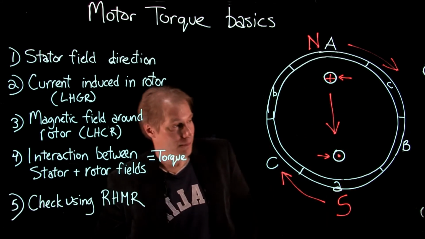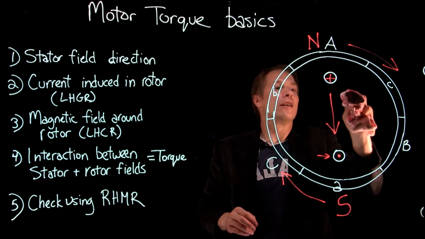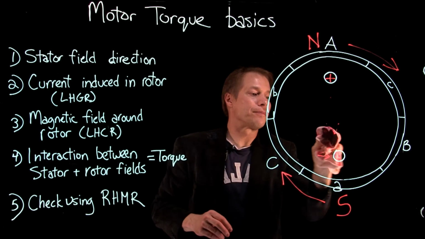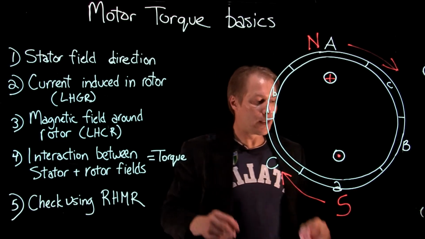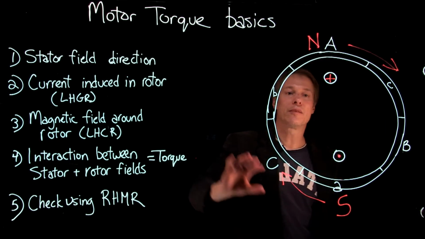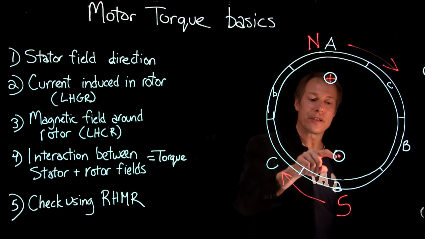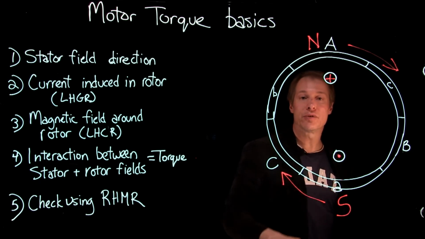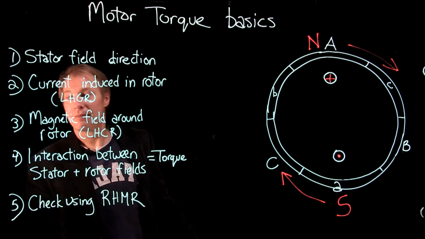I'm going to erase these arrows now. They have done their work. And now we still have our stator magnetic field going around the motor, and now we have an induced current into the rotor conductors. Let's look at step three.